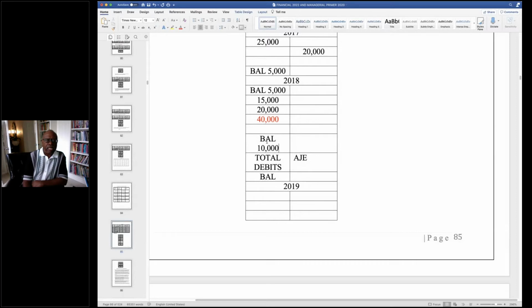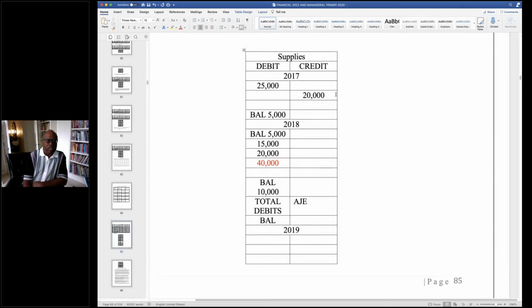So what do I need to do? Find the adjusting entry. So it's 40,000 minus 10,000, which is 30,000. So we know the balance must be 10.